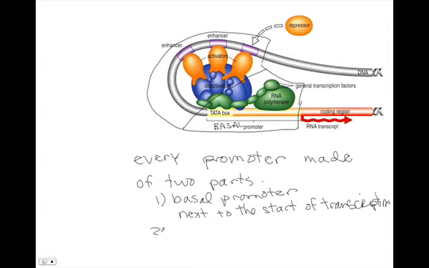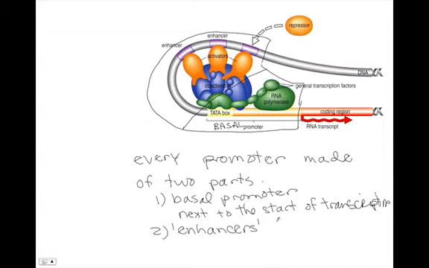The other part of the promoter is here, and almost all scientists refer to the other part of the promoter as enhancers. But that's a poor word because, and especially true in developmental biology, this part of the promoter has both enhancers and suppressors.